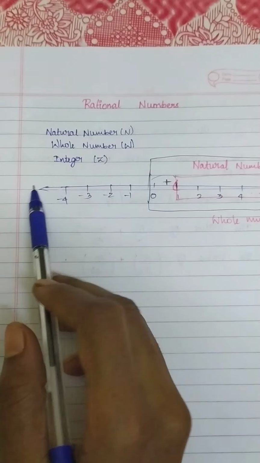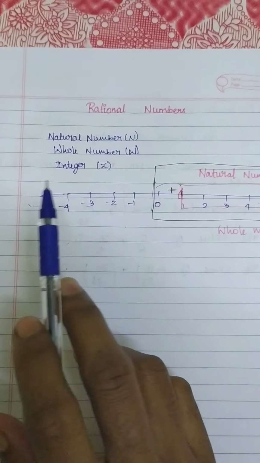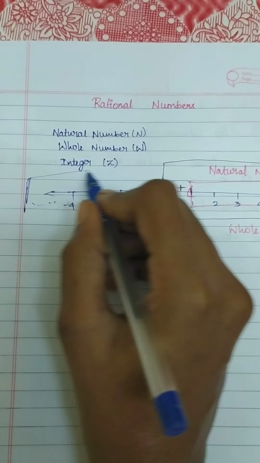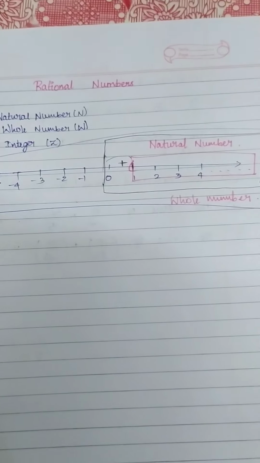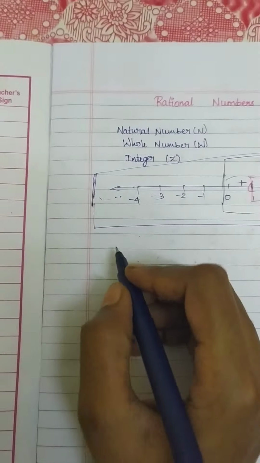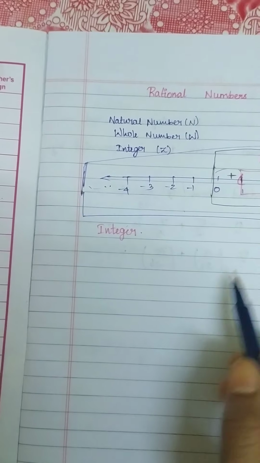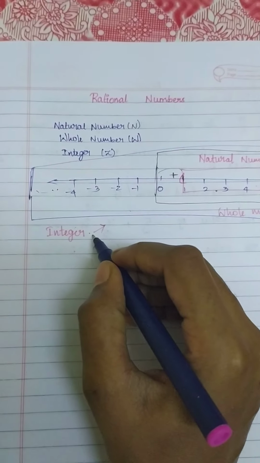Then finally we have infinity on the negative side, right? So positive as well as negative, going on to infinity. We have both the positive as well as the negative side, which is an integer.